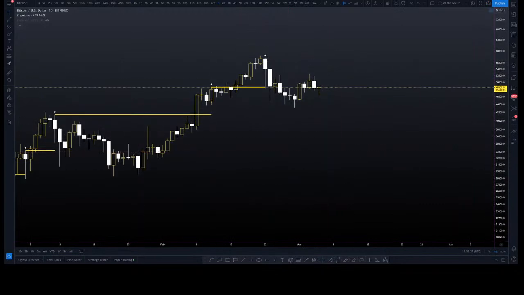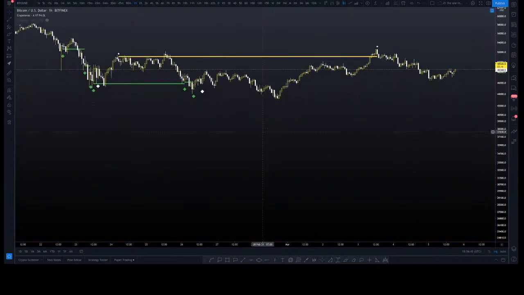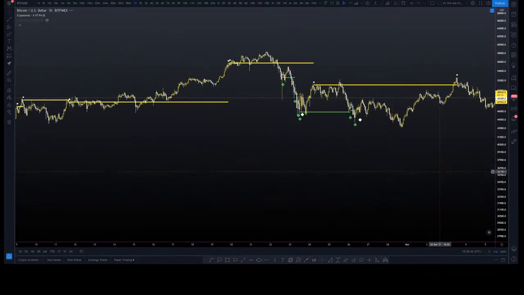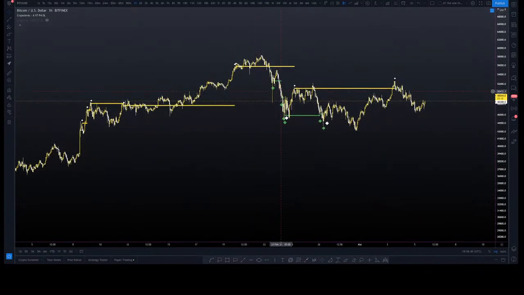We're gonna go to the 1 hour because it's just a beautiful example of how to use this. So we have a big support right there. This green one signifies with a green diamond. When there's a green diamond, there's a green line.